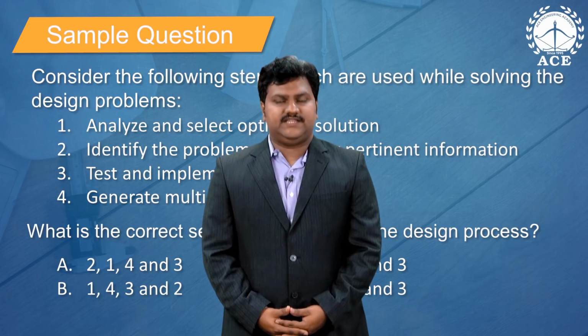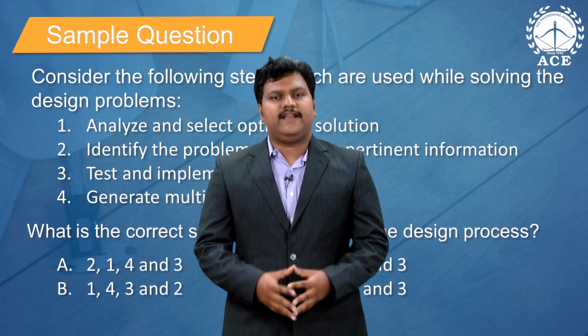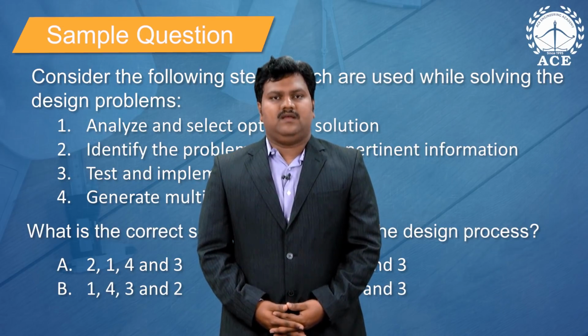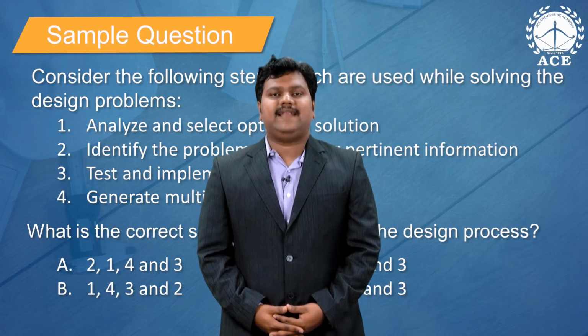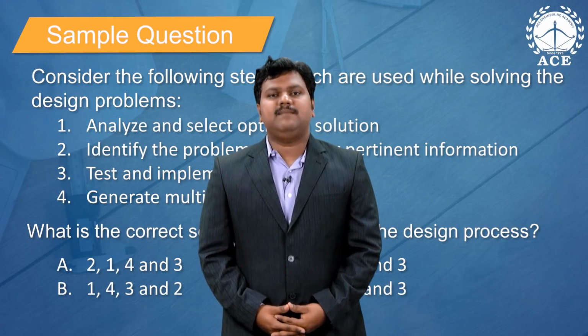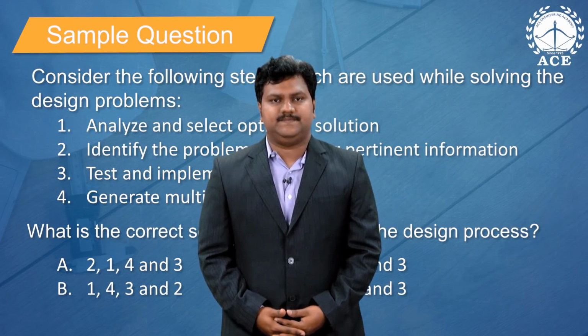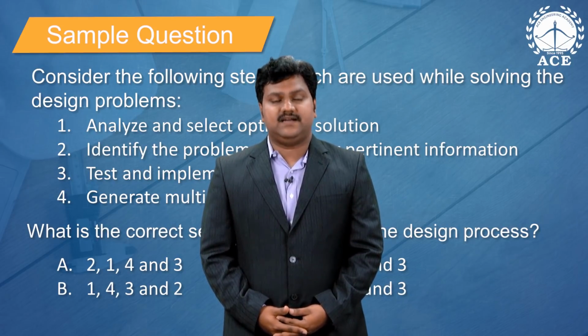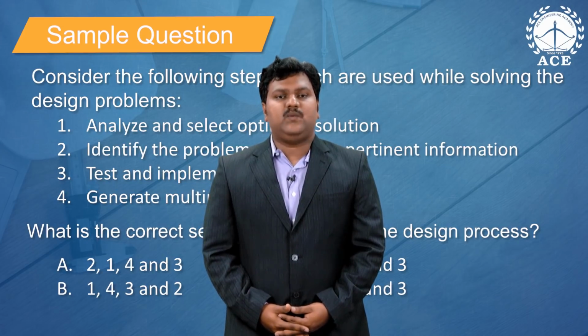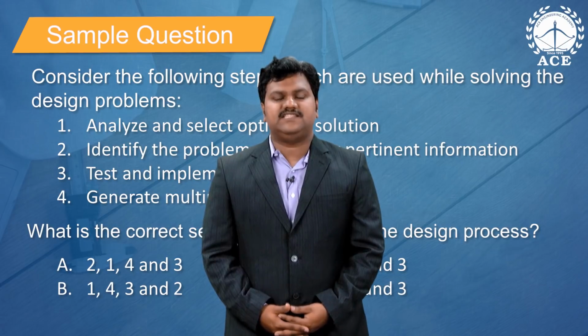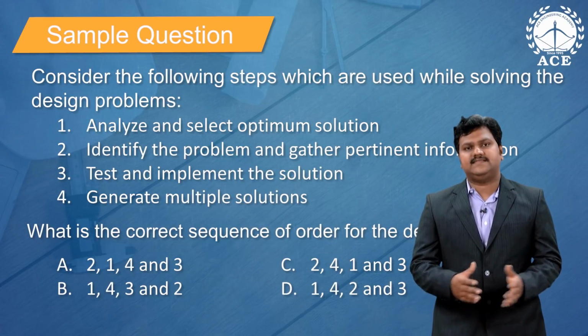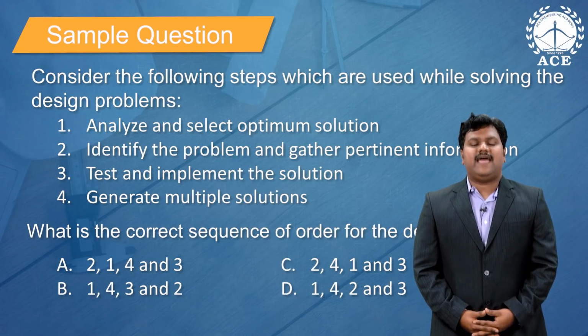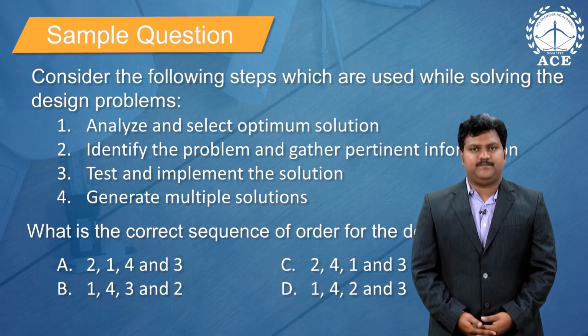Now this particular question talks about the product design life cycle. Statement 1, analyze and select optimum solution, is nothing but concept evaluation, which comes as the third stage. The second one, identify the problem and gather pertinent information, is the first step of the product design process, that is gathering information.